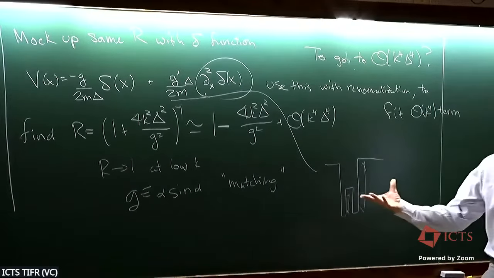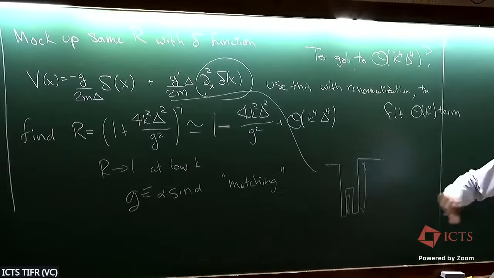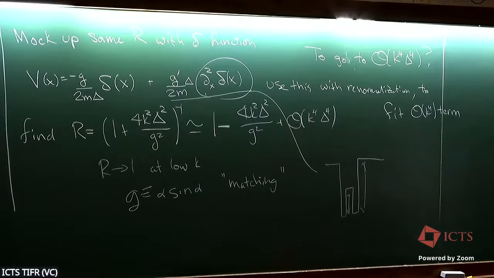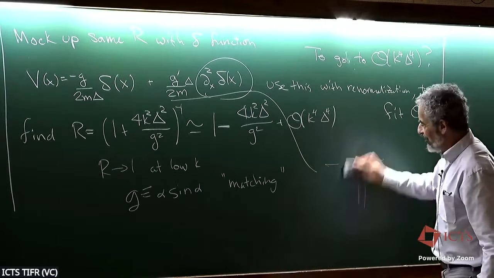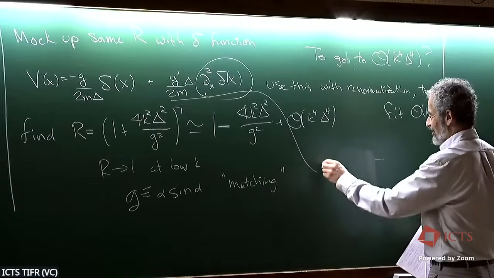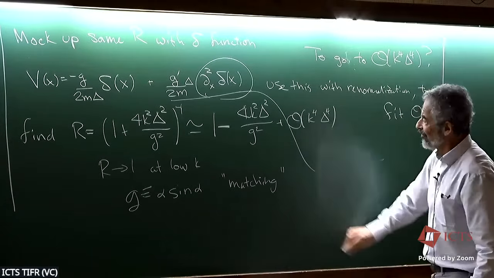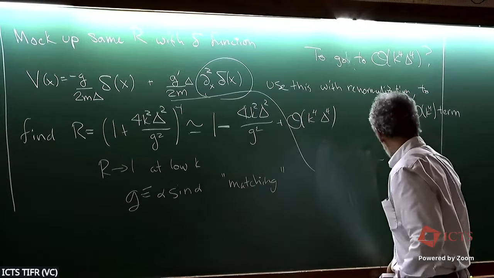And you could take some limit of this as this gets narrower and deeper and model this thing using something like that. But I don't want to get into that. That's sort of messy.